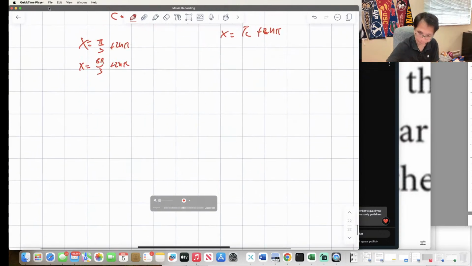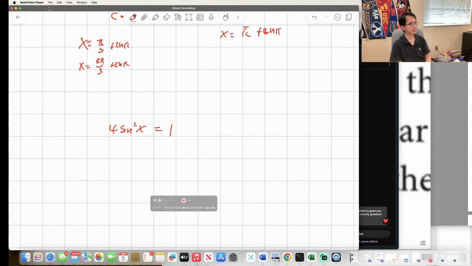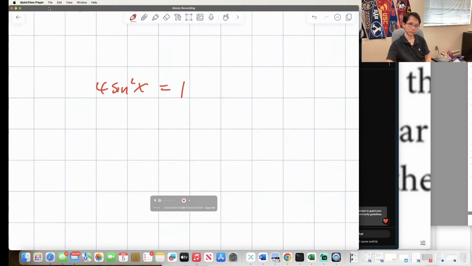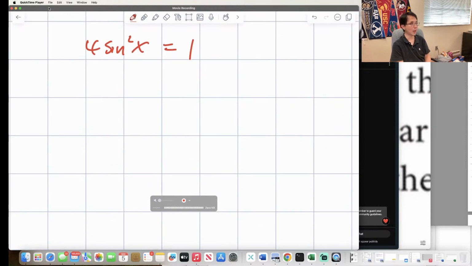Let me give you one. I want you to solve this: cosine squared of x is equal to 1. Think about all the math, even the simplest thing in Algebra 2, Algebra 1.